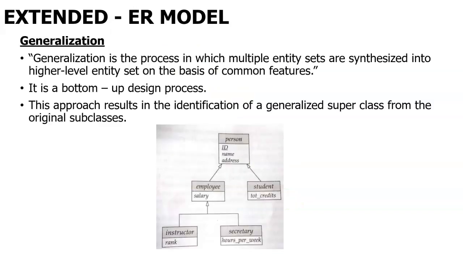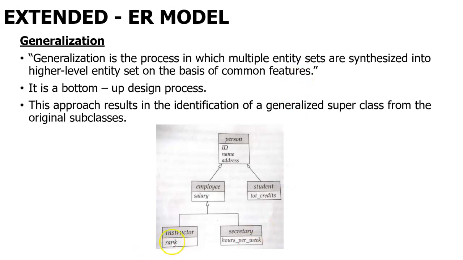Now moving on to generalization. It is the exact opposite of specialization. Starting from a child, who is a parent, who is a grandparent, who is their grandparent. Now we are going to map from the bottom to the top. That process comes under generalization, so we say this approach is a bottom-up design process.